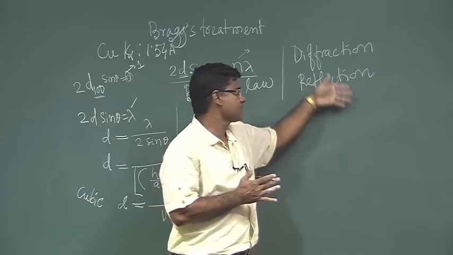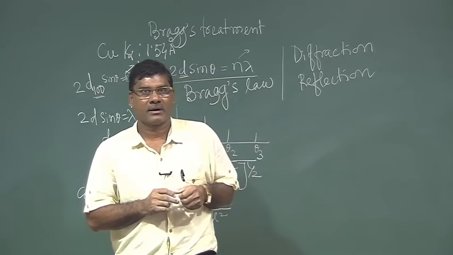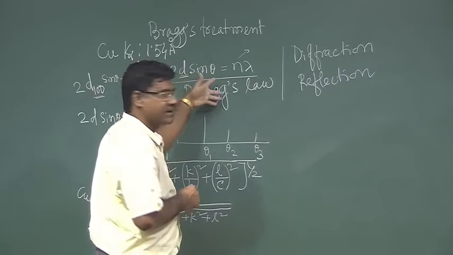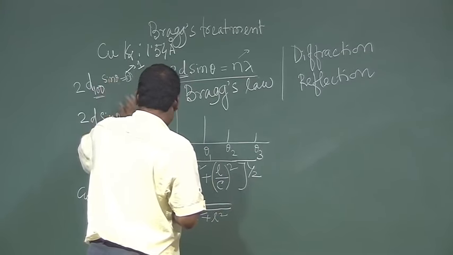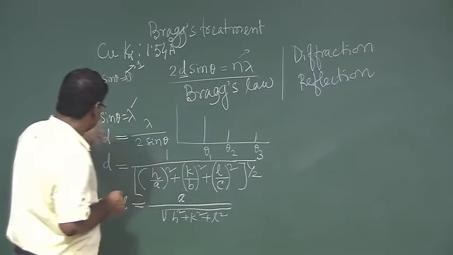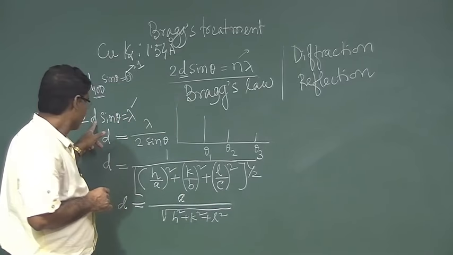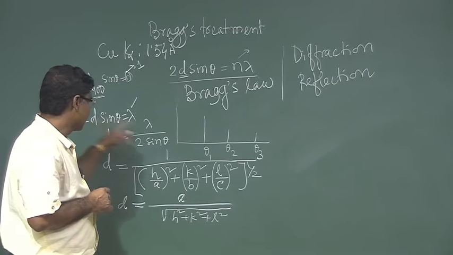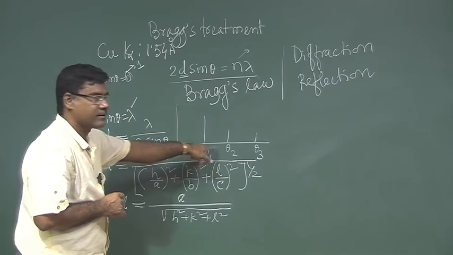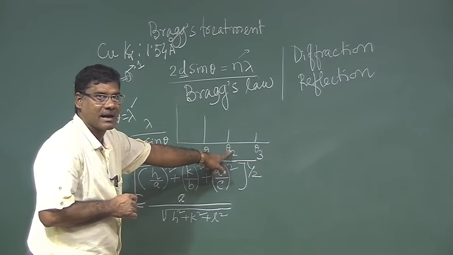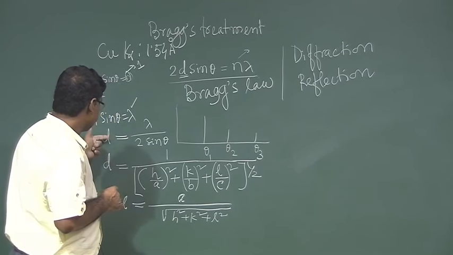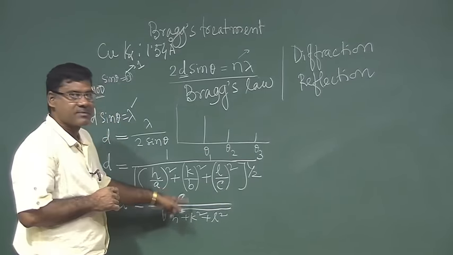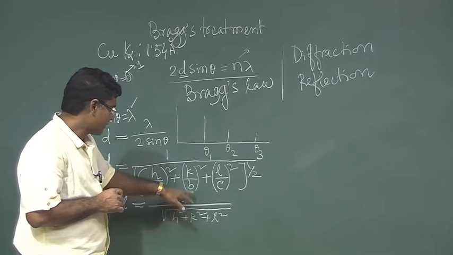So, that is why these two terms are equivalent in case of Bragg treatment. Okay. And from there, in simple terms, this d one can find out experimentally by measuring the angle theta, called the Bragg angle. Okay. And then this d is related with the lattice parameters. So, one can find out the lattice parameter.